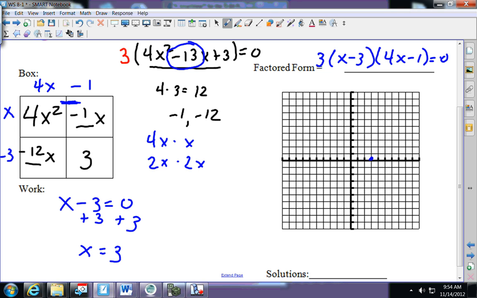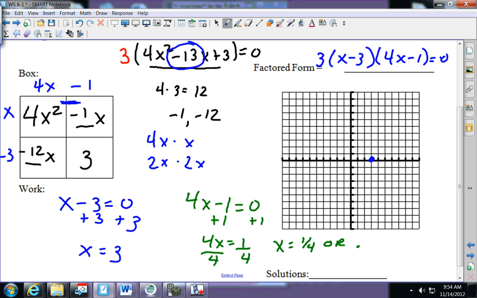But the next one is 4x minus 1 equals 0. You have to add 1 to each side. 4x equals 1. Divide by 4. x equals, you can either write it as 1/4 or 0.25. Well, that's right in here.